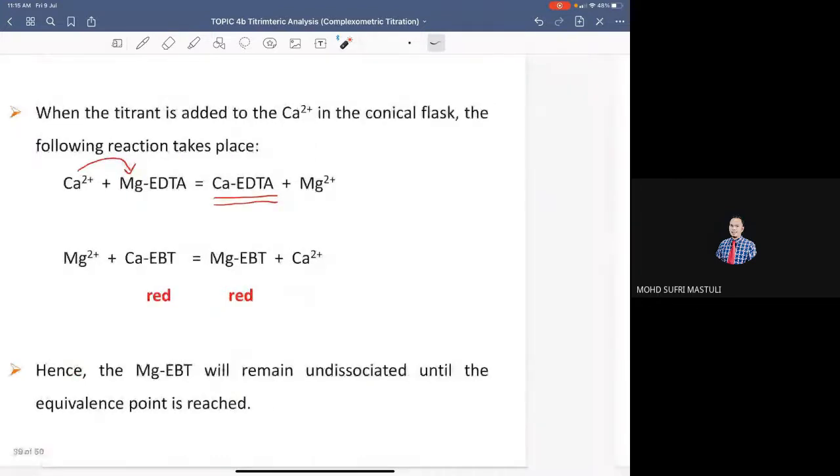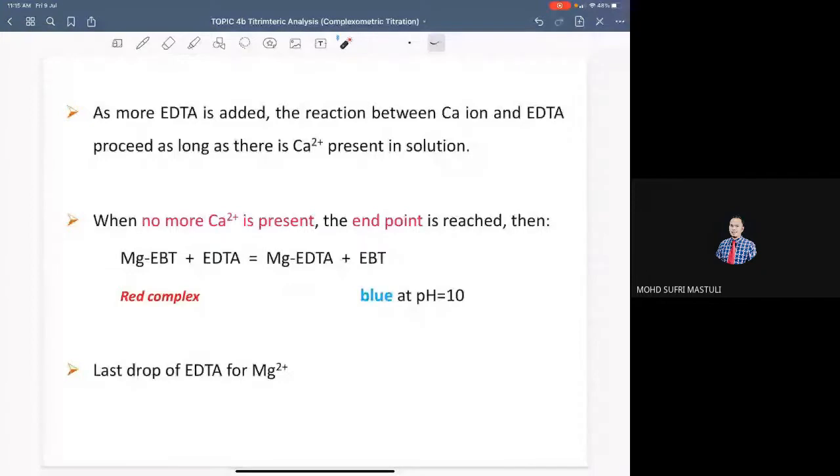When EDTA is added, the reaction between the calcium ion and the EDTA proceeds as long as the calcium ion is still present in the solution. If no more calcium ion is present, the endpoint will be reached.